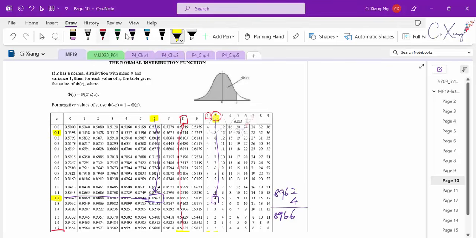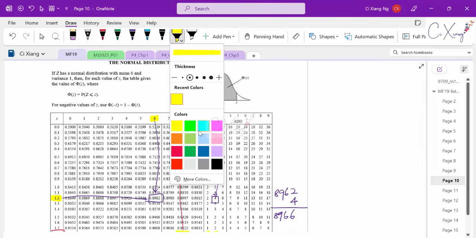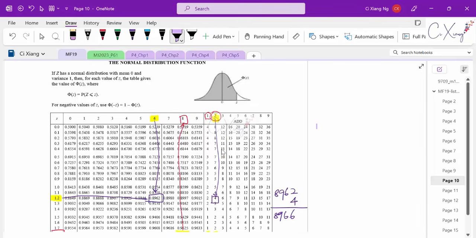So this is 0.1. Maybe I can use another color. Okay, so let's say this is 0.171. So 0.171 will give you this value, 0.17 and then 1. So that means you have to add 4 into the last digit of 5675. So if add 4, you will have 5679.